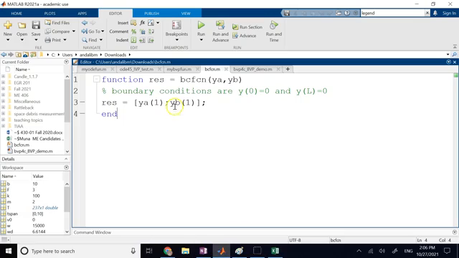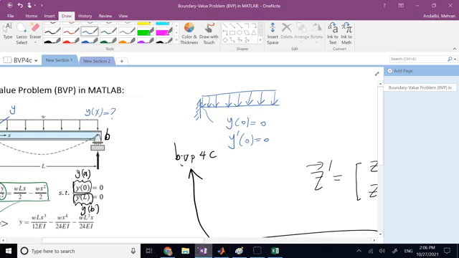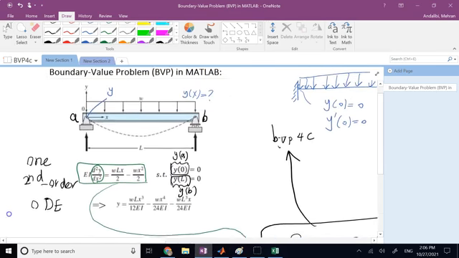So you have to change this. Instead of y of a at 1 and y of b, because b means the right-hand side, you say y of a at 1 is 0, and y of a at 2, where 2 means the second dummy variable, right?